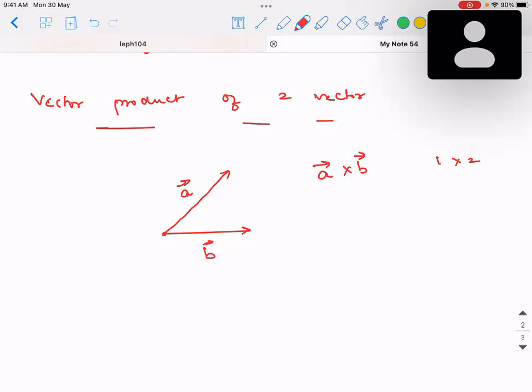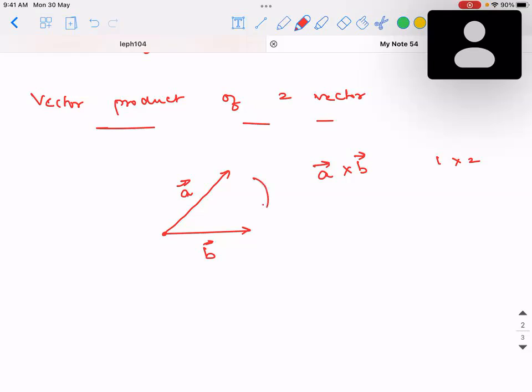First vector cross second vector means take a turn from the first vector towards the second vector in the shortest direction possible. Clear? In this case, from A vector to B vector, if I need to take a turn, what is the shortest direction that I'm able to see? Is it clockwise or anti-clockwise?